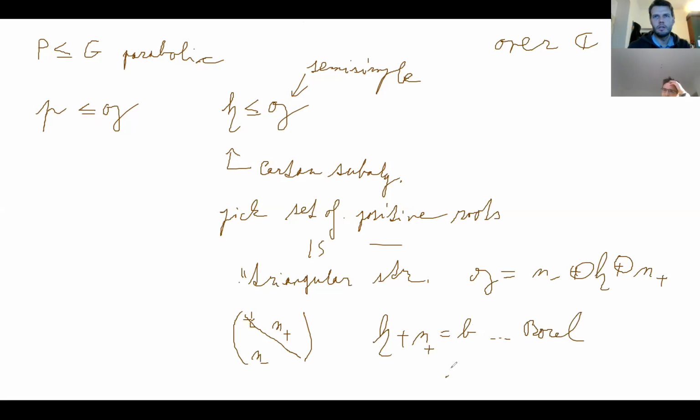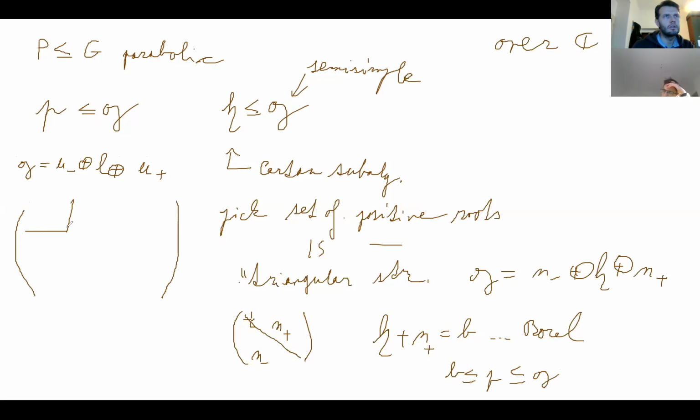And then whatever is between this Borel subalgebra and G is parabolic. It leads to similar decompositions. So basically you have something called U minus, L, and U plus, and in a basis adapted to this splitting, your matrices look like this.